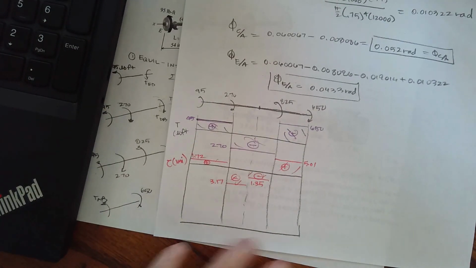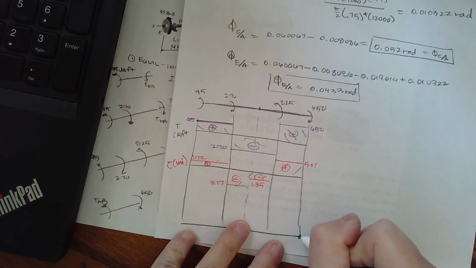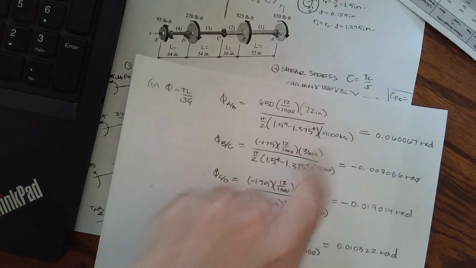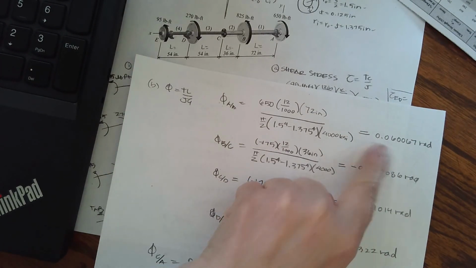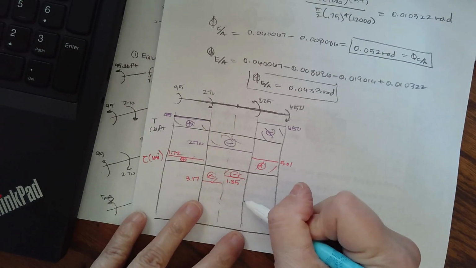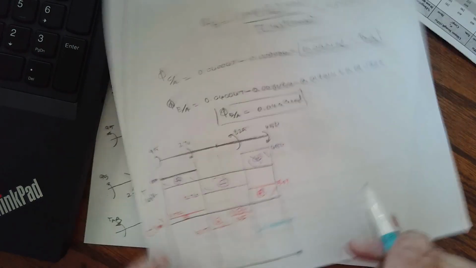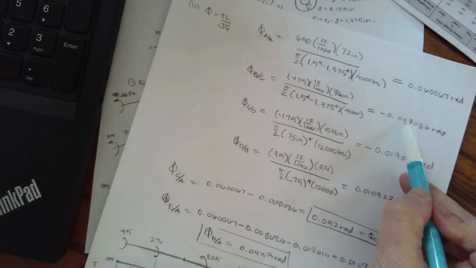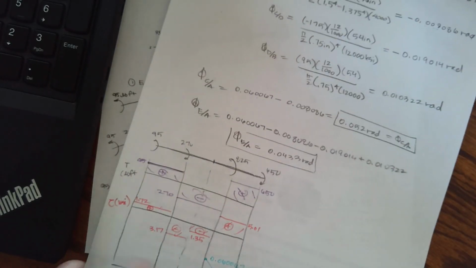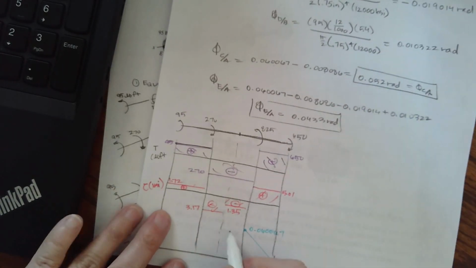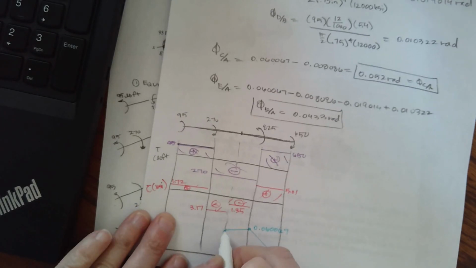And now we can actually go back and start at A, since everything was with respect to A. I'm twisting this much from A to B, so we're going to come up here to 0.060067. So we have that angle of twist. Then we're going to subtract off 0.008 because we're twisting back the other way, which we already said was 0.052.